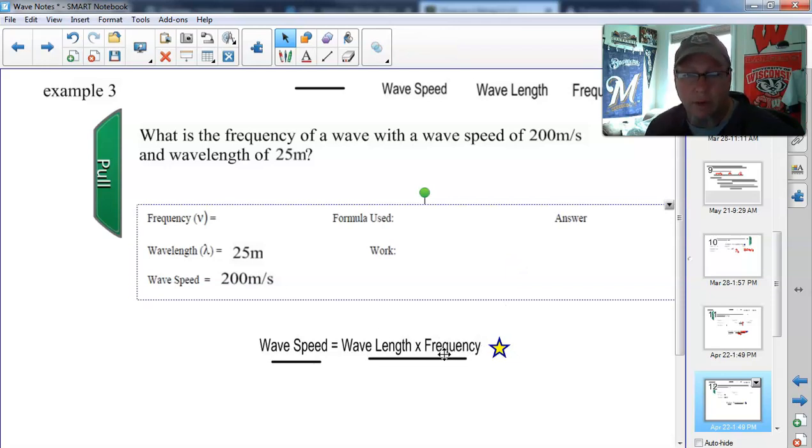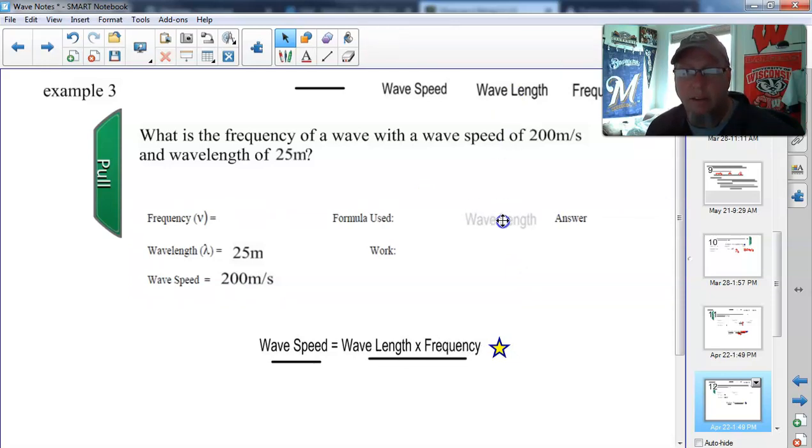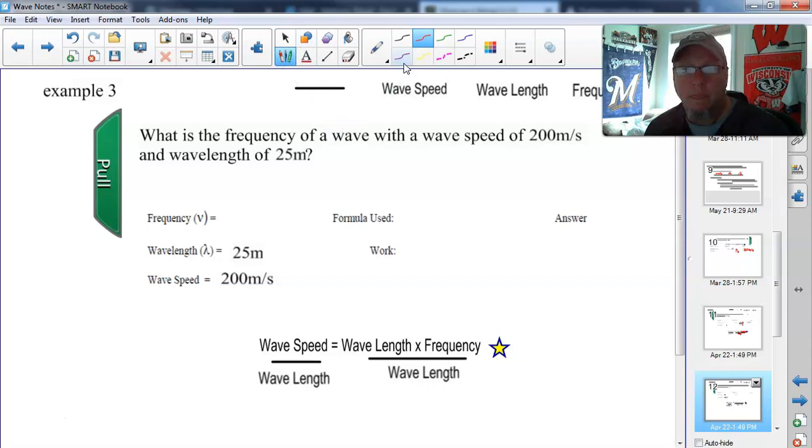So if I want to get frequency all by itself, I'm going to divide both sides by the wavelength. And when I divide both sides by the wavelength, if I do it on the right, I got to do it on the left. That wavelength is going to cancel out. So I now have a new formula that says wave speed divided by wavelength equals frequency, because these are canceled out.